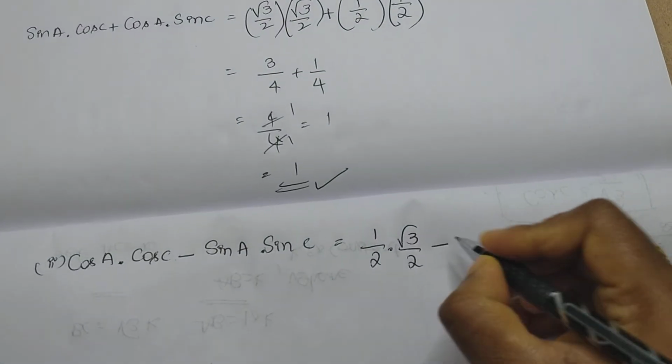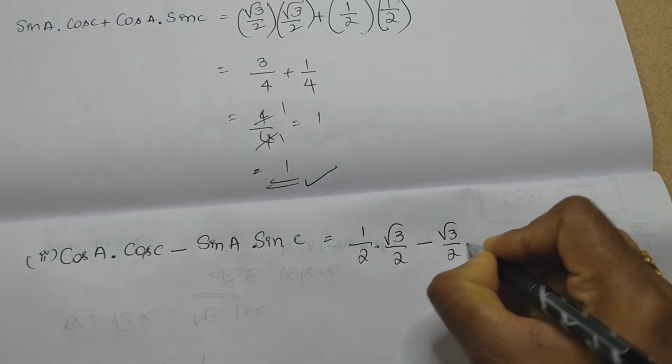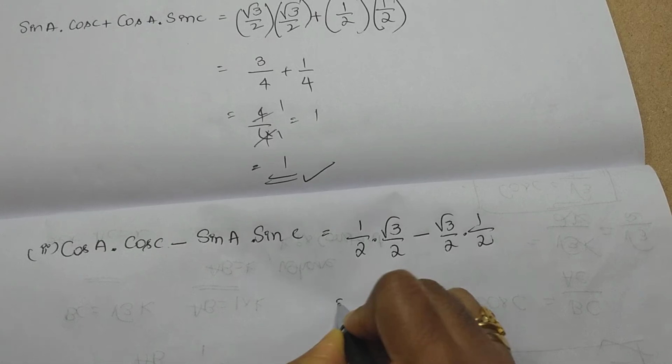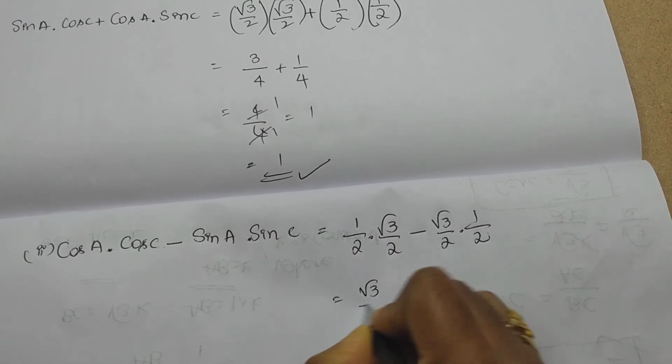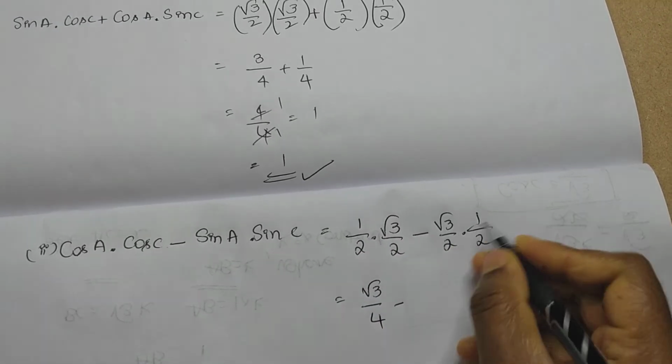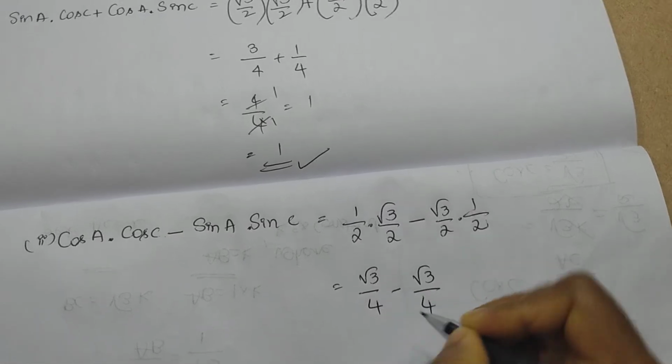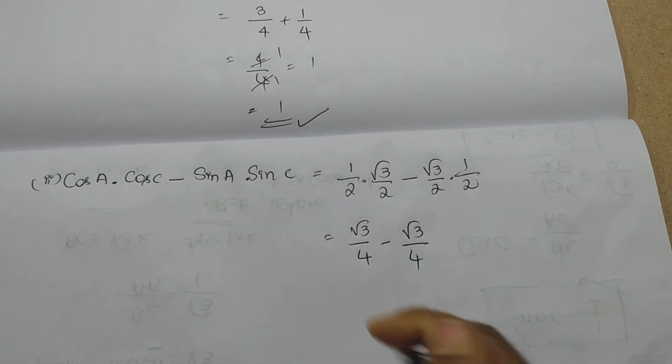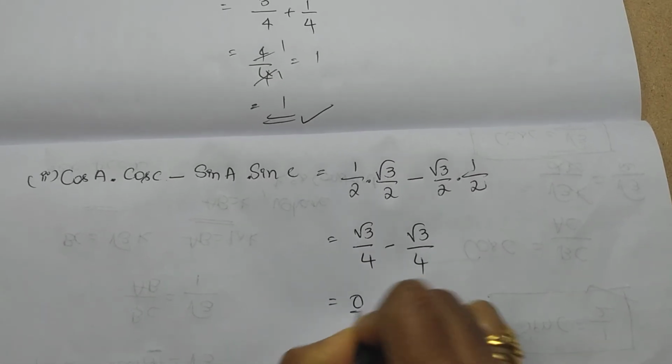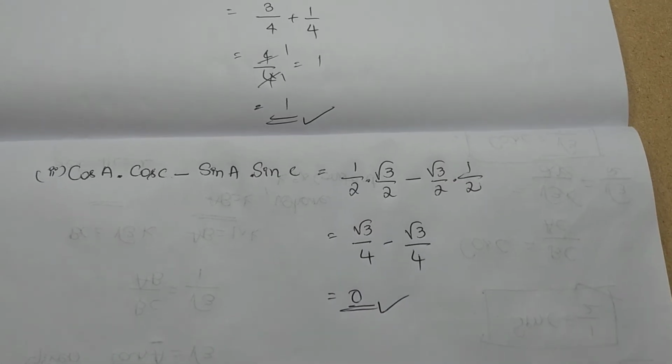Correct? This is root 3 into 1, it is root 3 by 4, minus root 3 into 1, it is root 3 by 4. Root 3 by 4 minus root 3 by 4 becomes 0. It is simple. So the answer for second sub-question is 0.